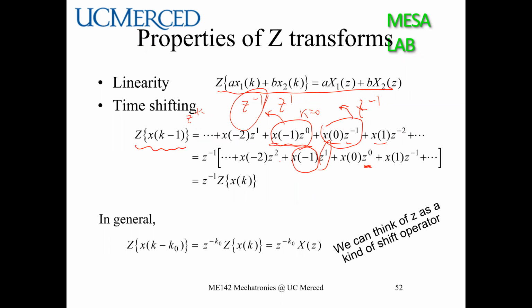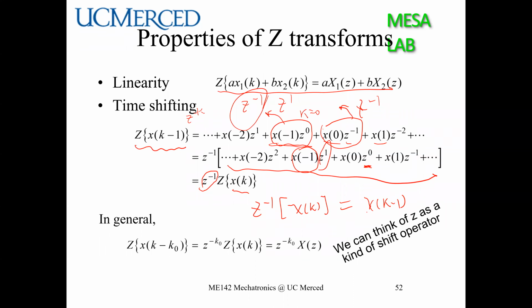Then, by comparing this with the definition of my X(z), we get Z minus 1 in here. In other words, Z minus 1 is an operator: if you operate on x(k), you get x(k minus 1).